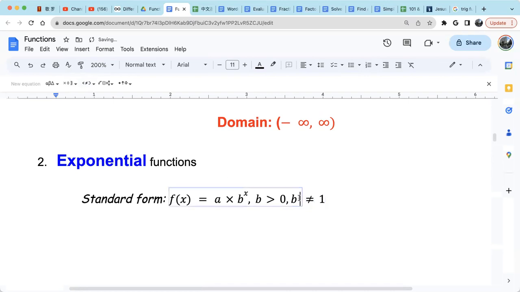Because if b is 1, 1 raised to any exponent would be 1. It's not interesting. The whole thing will be a, which tends to be a constant function. So I have those two limitations: a has to be a positive number, b has to be a positive number, then b not equal to 1.